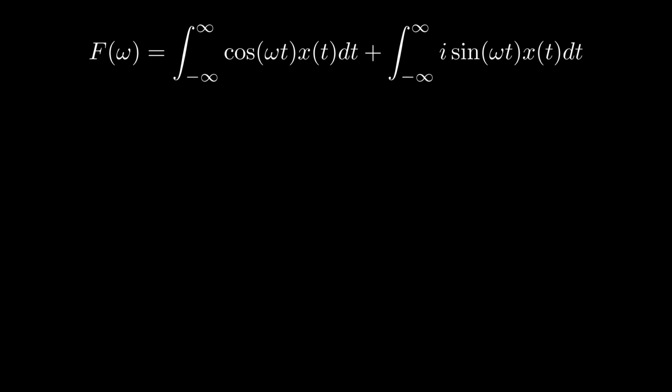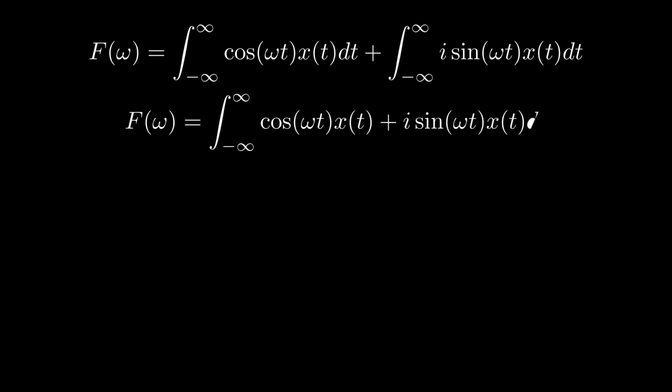Also, before we continue, that omega is just the frequency of our testing wave. It's actually a complex number whose real component is the frequency of the cosine, and the imaginary component is the frequency of the sine.